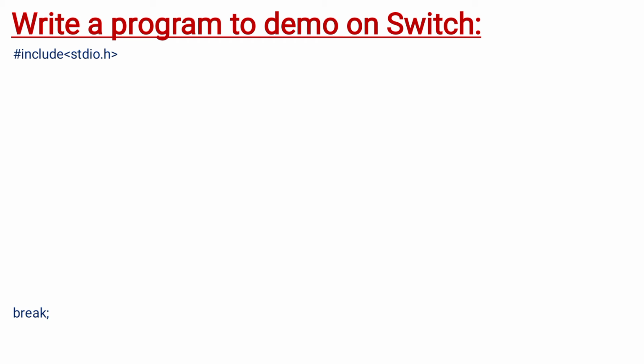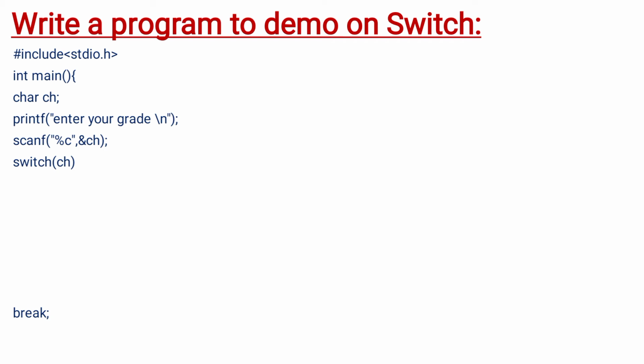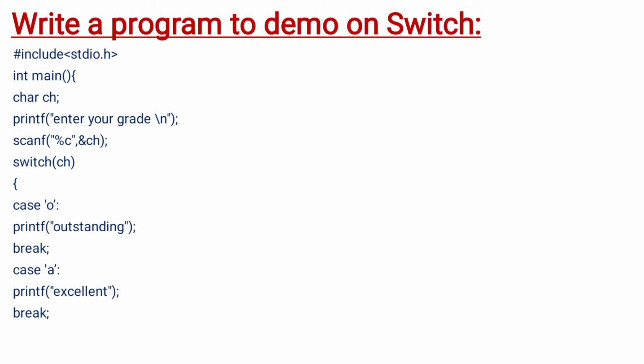#include <stdio.h>, int main opening brace, char ch, printf enter your grade, scanf %c &ch, switch ch, opening brace, case 'O', printf outstanding, break statement, case 'A', printf excellent, break statement.